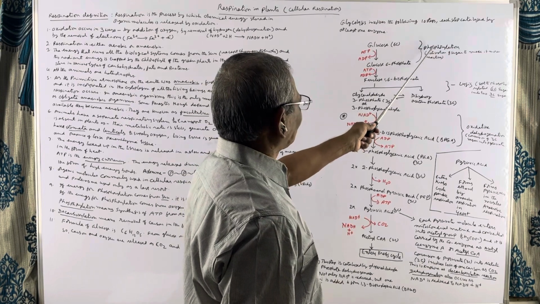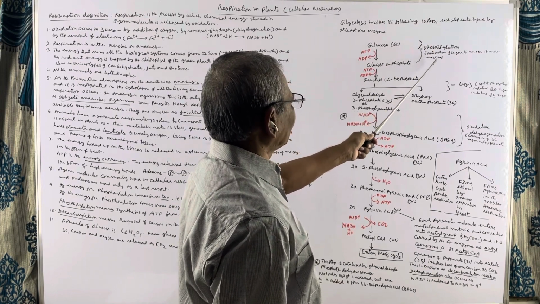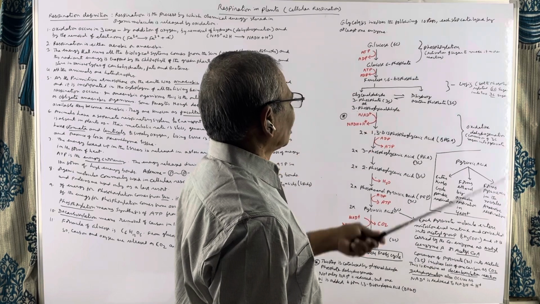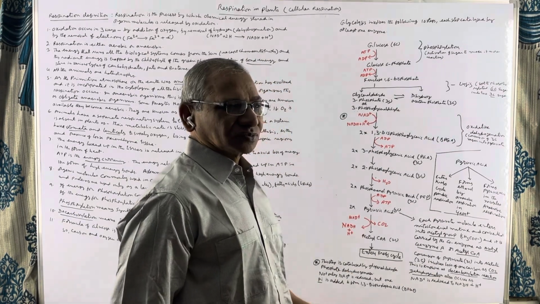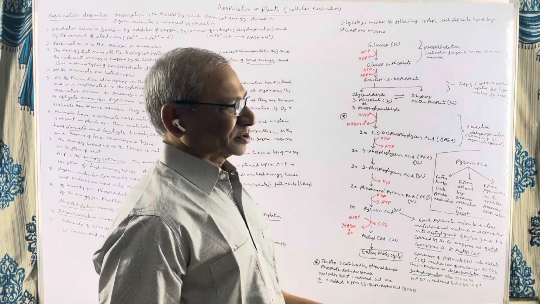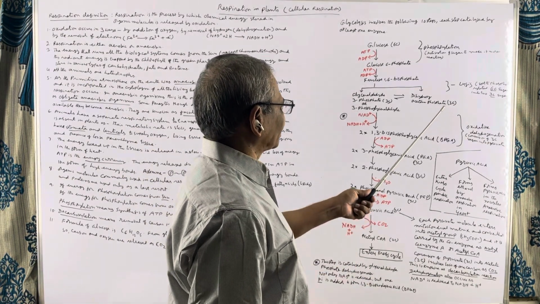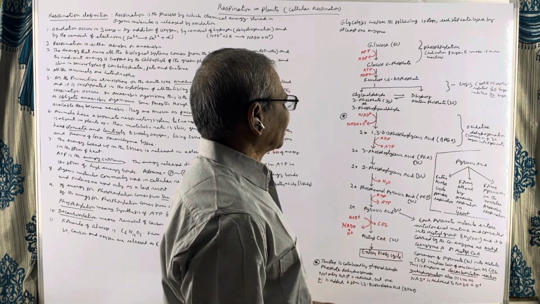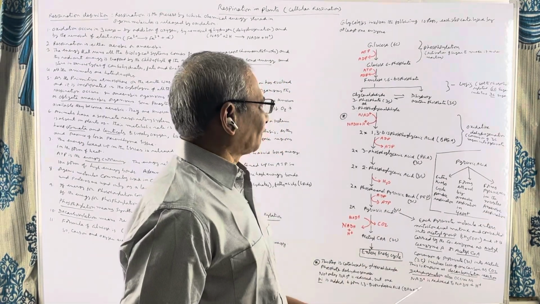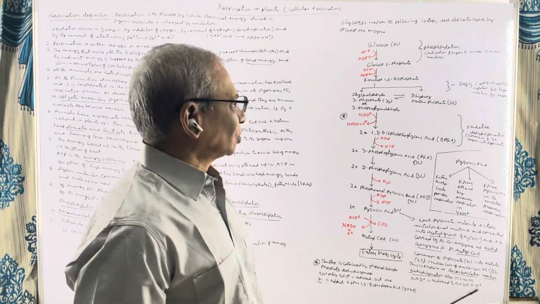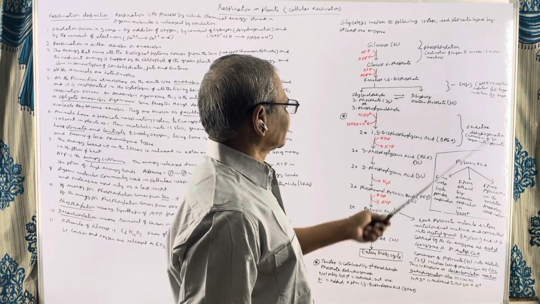First one is phosphorylation. Phosphorylation means the activation of sugar to make it more reactive. So when the phosphate groups are added, the sugar becomes more active and participates in reactions. Second is lysis. This is splitting or breaking off the 6-carbon sugar into 2 3-carbon sugars.